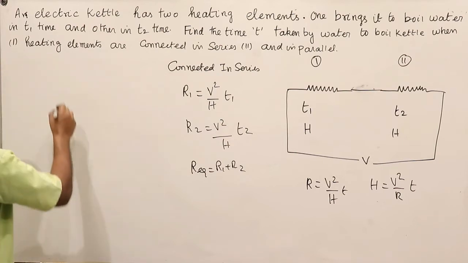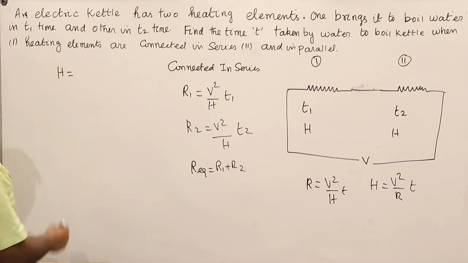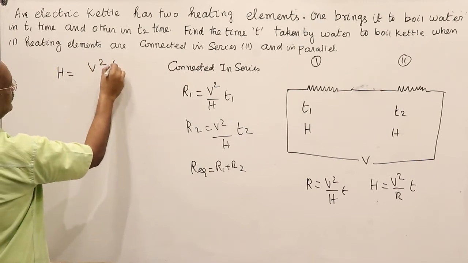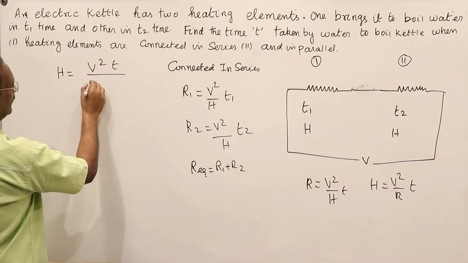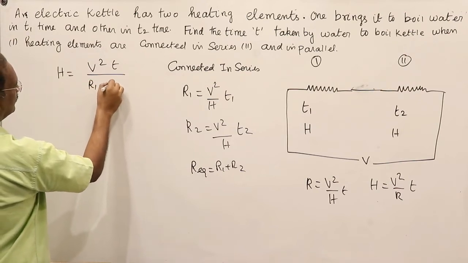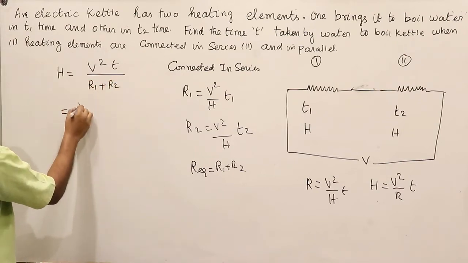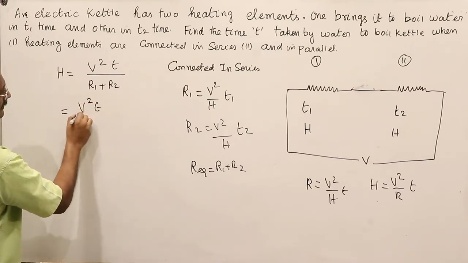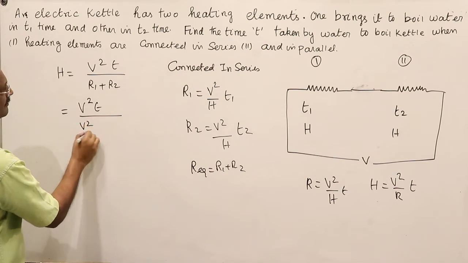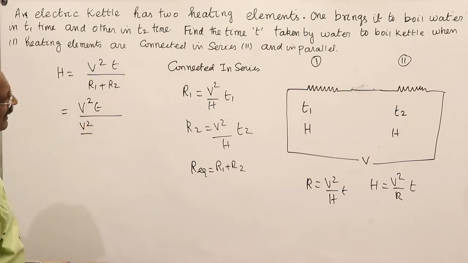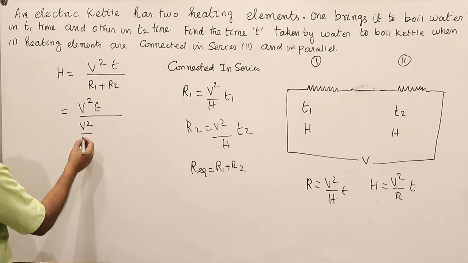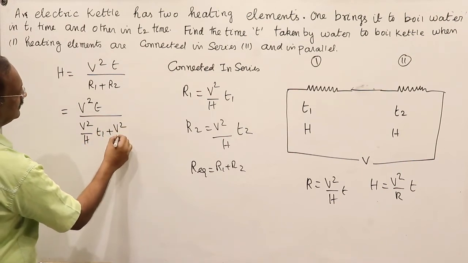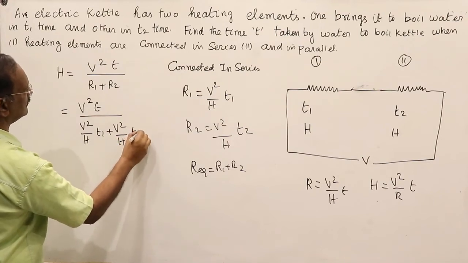So what is the net heat produced? Net heat produced is equal to applied voltage squared into T divided by R equivalent, that is R1 plus R2, equal to V square into T divided by V square T1 by H plus V square T2 by H.